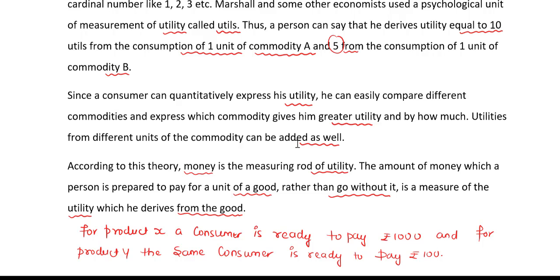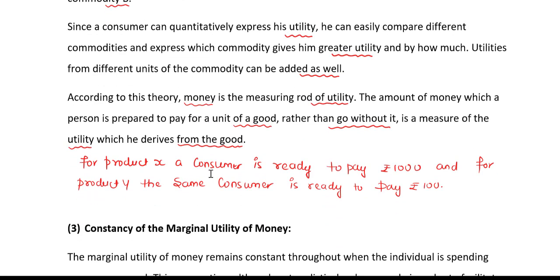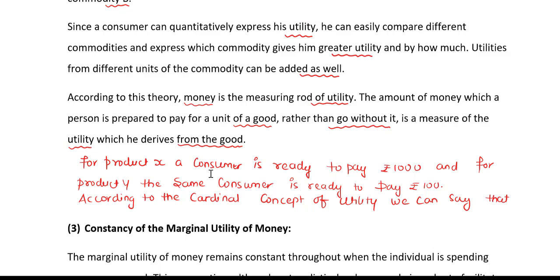According to the cardinal concept of utility, we can say that product X has more utility as compared to product Y. I believe all of you must have understood till over here.